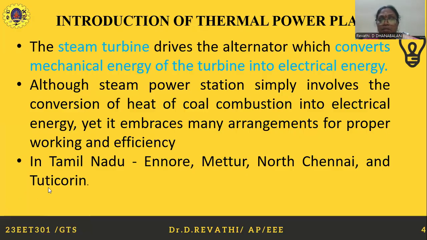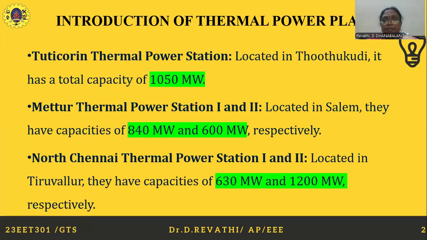In Tamil Nadu, I think you all know that Ennur, Mettur, North Chennai, and Tuticorin also have thermal power stations. So how much power is generated? Let's see. The Tuticorin thermal power station, which is located in Tuticorin, has a total capacity of 1050 megawatt.